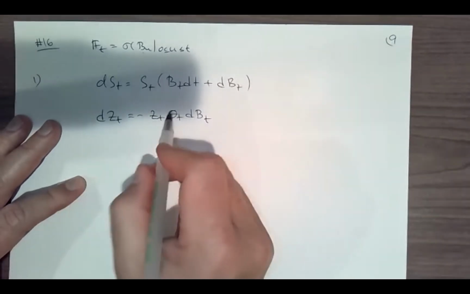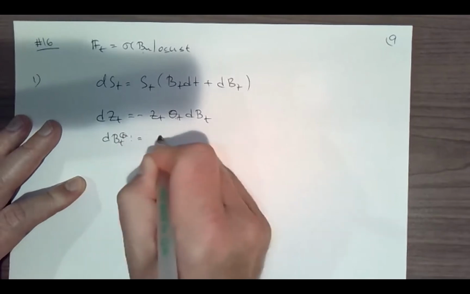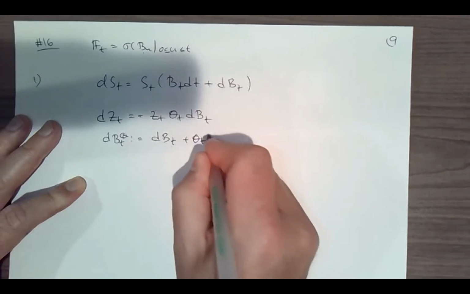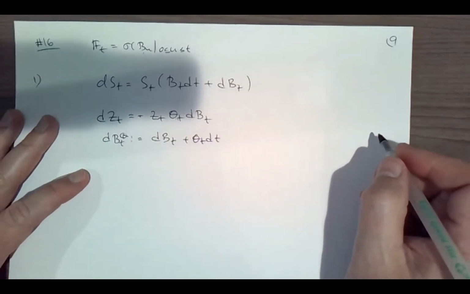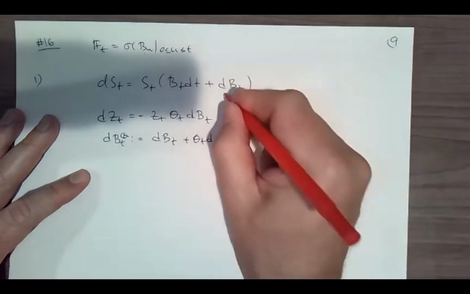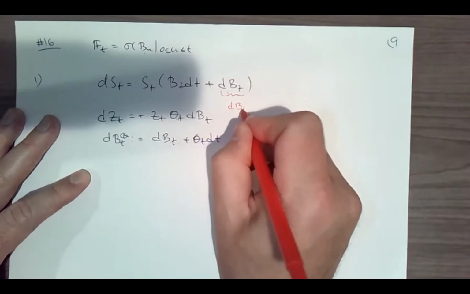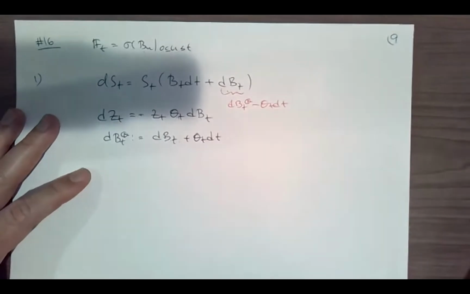And then Girsanov's theorem says that if I know what that one is, I'm going to get a new Brownian motion by taking the old one. And if there's a minus sign here, there's going to be a plus sign here. So that's Girsanov. And then I can replace that dB up here. I solve for dB in this equation, I'll get dB_t^Q, and then with a minus theta_t dt.